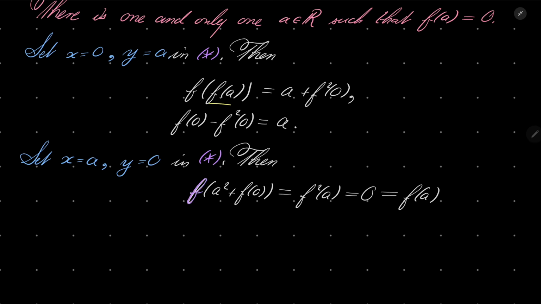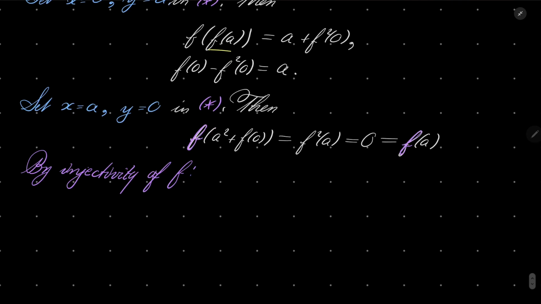And now let's pay attention. We have demonstrated that f of something equals f of something else. Our function is injective, so by injectivity of our function f, these two arguments must be actually the same. So f of a squared plus f of 0 equals a.